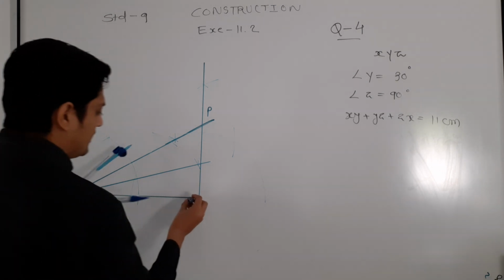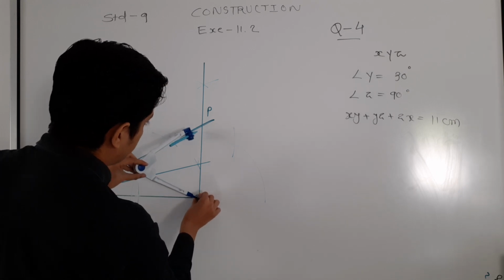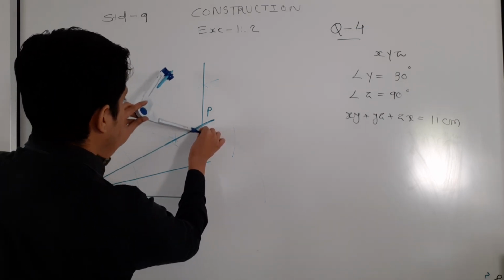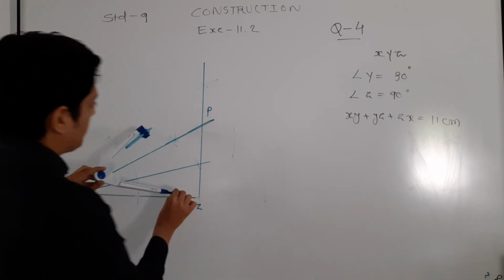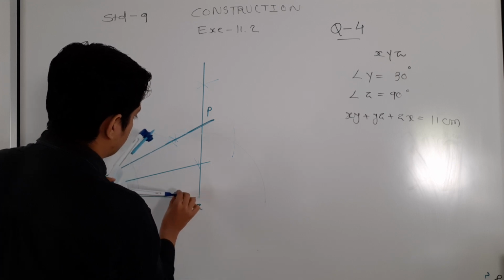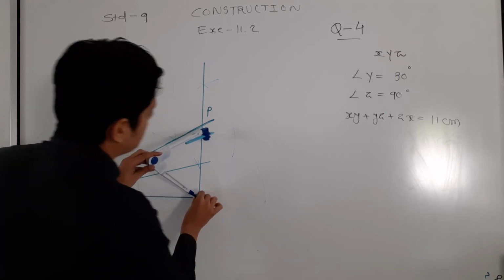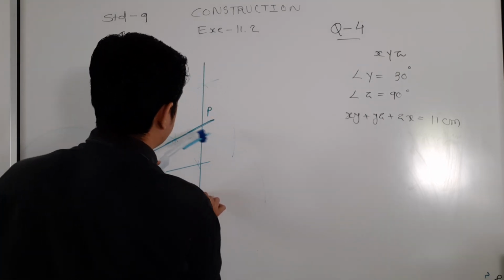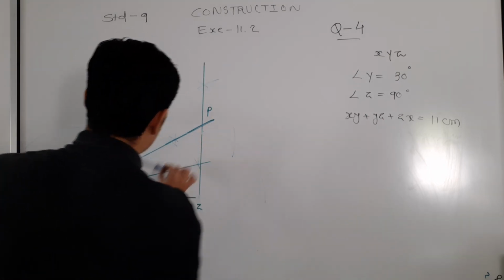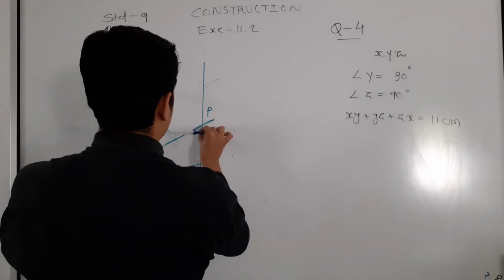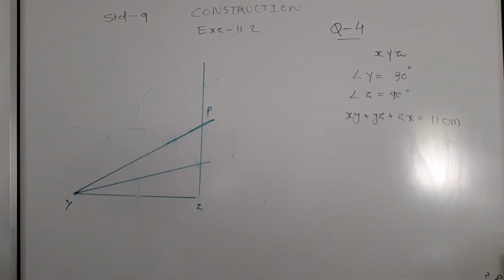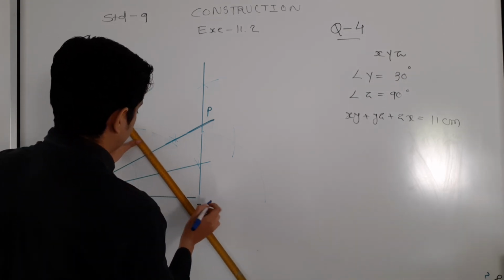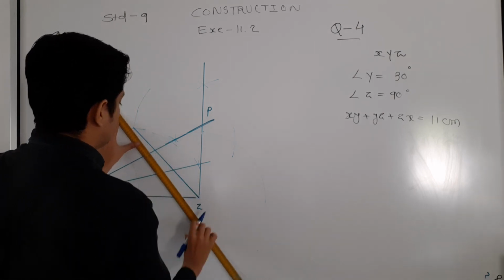So the bisector of 90 is 45. Okay, so this is 45 degree.